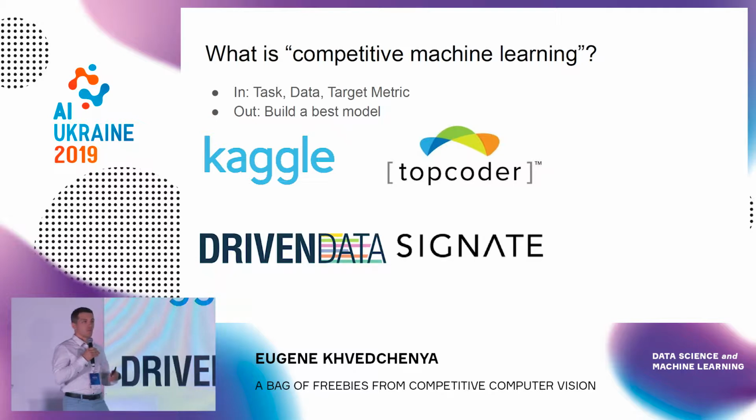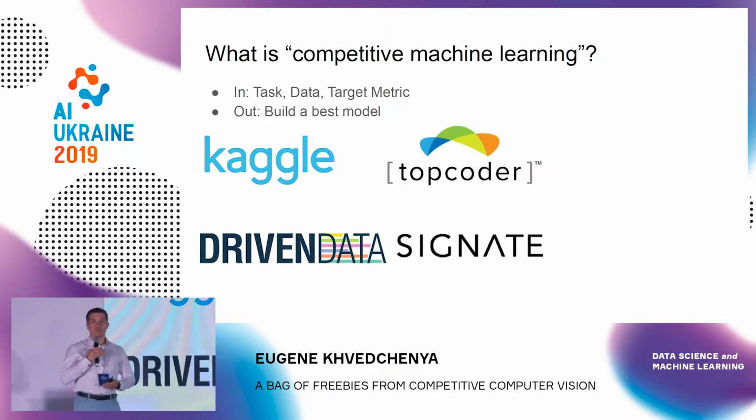When we speak about competitive machine learning, we usually mean that there is some task, there is some data available to you which is labeled, and there is some metric that is the goal, and your goal is to optimize this metric. Given that, you need to build a model that performs best among the other competitors' solutions.